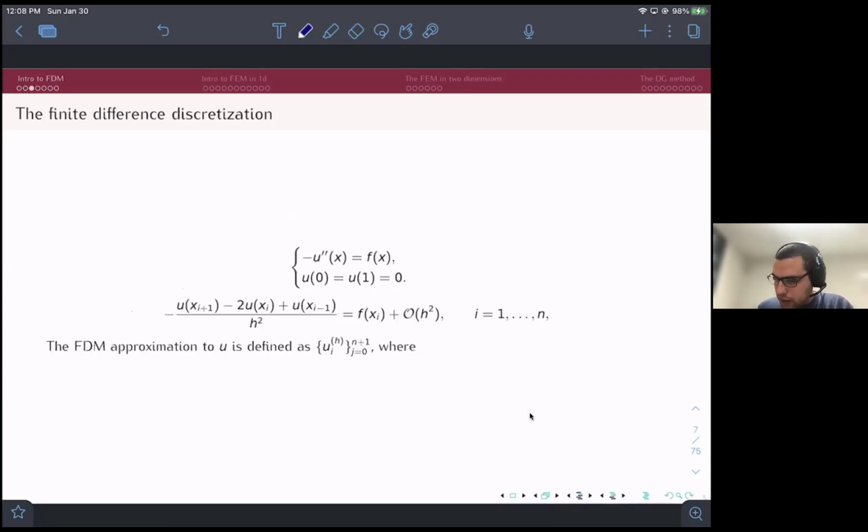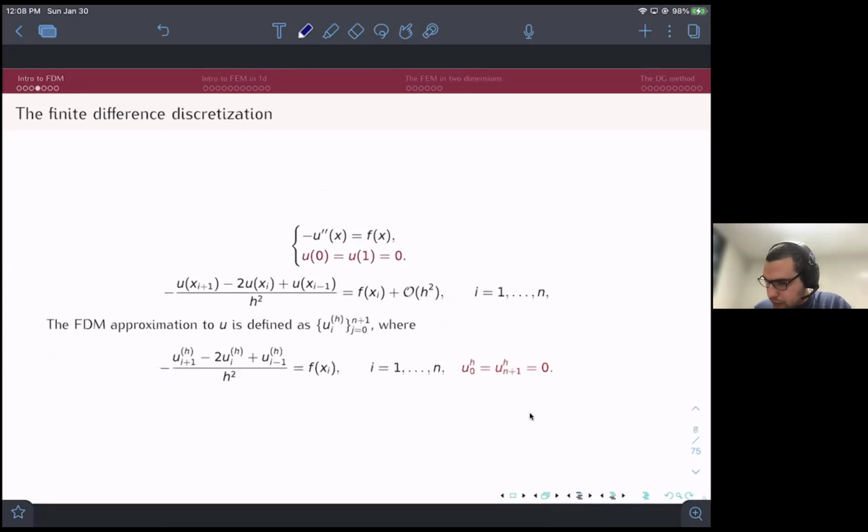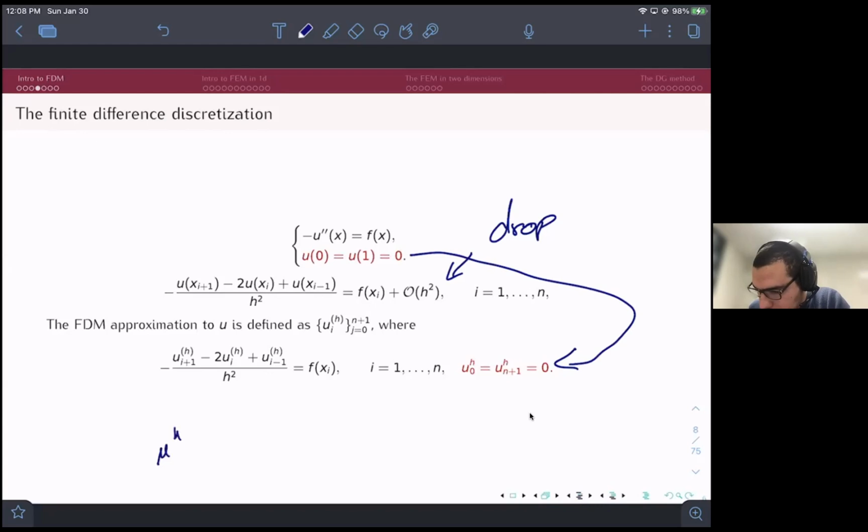So now if I look at this finite difference equation here, I can create a vector U_h, and I can drop the error term, and also I can use the boundary conditions to know what U_h0 and U_h(n plus 1) are equal to. So in other words, my U_h is a vector U_h0 up to U_h(n plus 1).